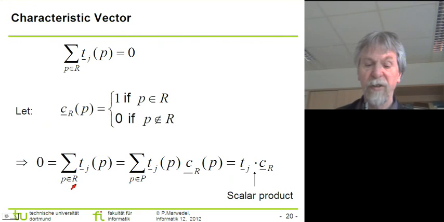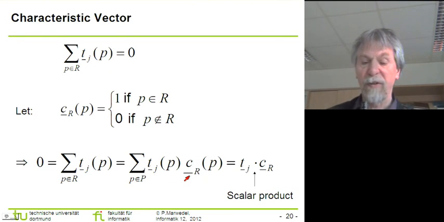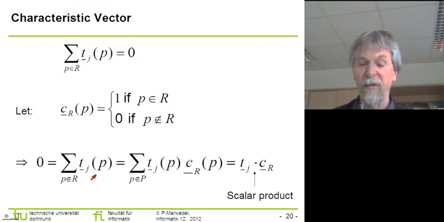Let's initially start with this summation just over these elements in the set R. We can replace this sum by a sum which now runs over all the different places, if we take advantage of this characteristic vector, which will just filter out all those elements over which we don't want to sum up the different contributions from these vectors t underscore j.